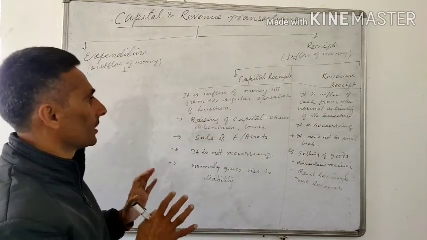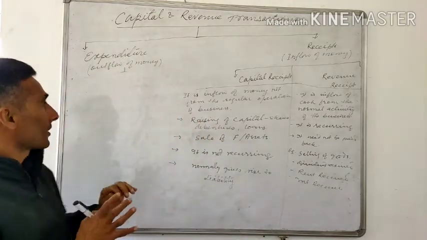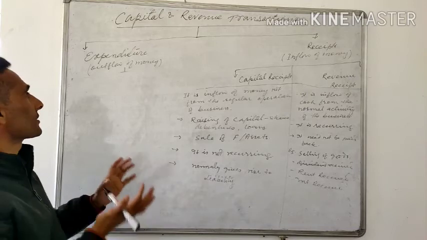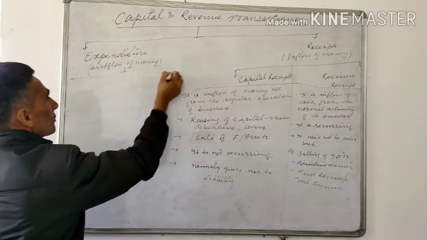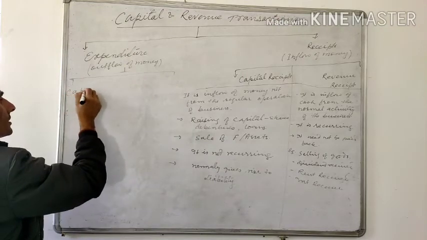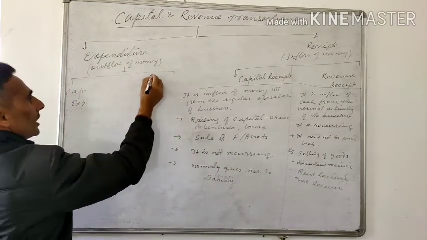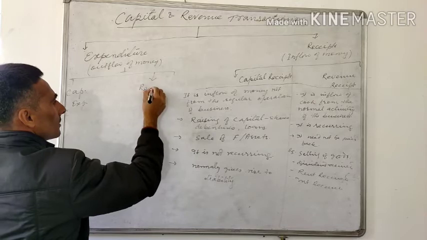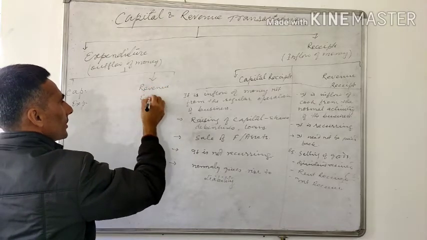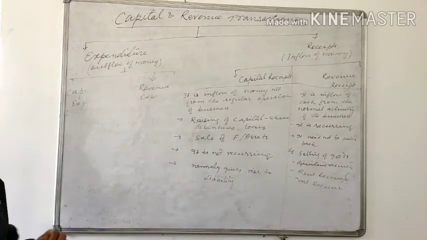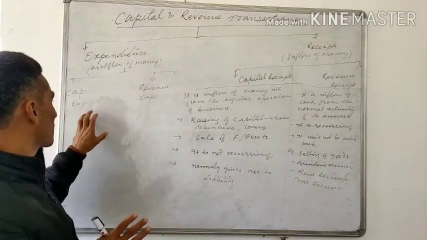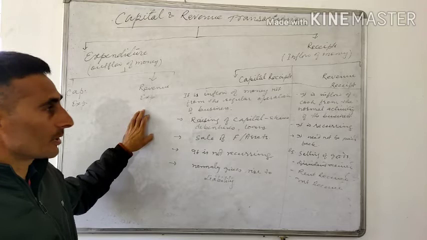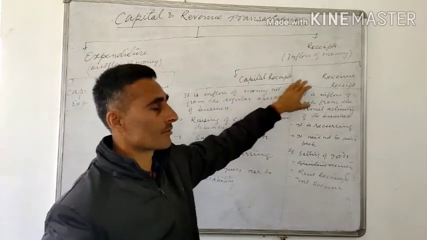I hope you understood the differences between different kinds of expenditure and receipts. Now in expenditure, you have capital expenditure and then you have revenue expenditure.